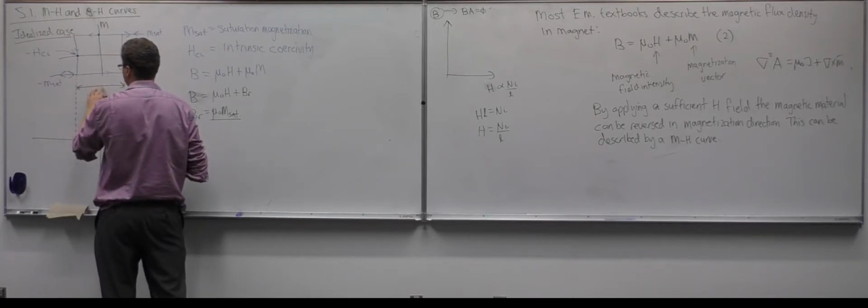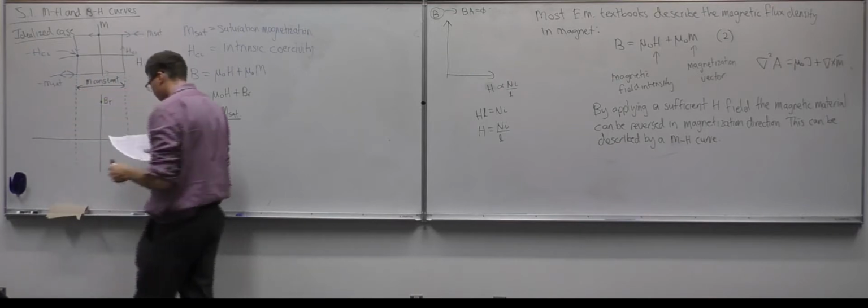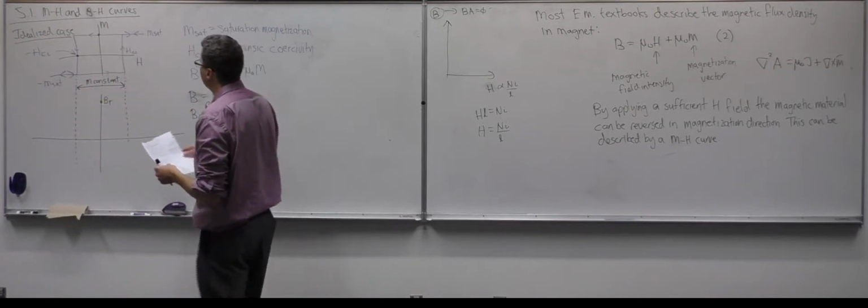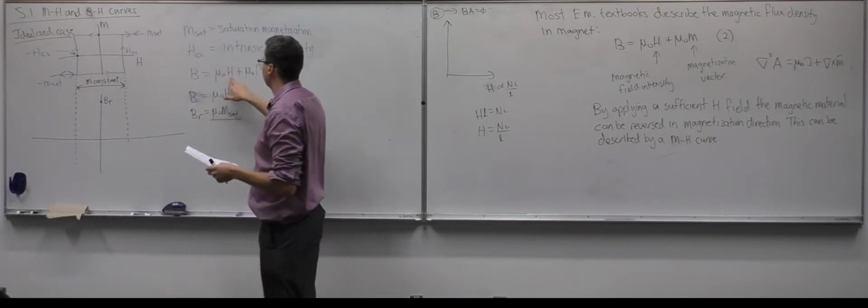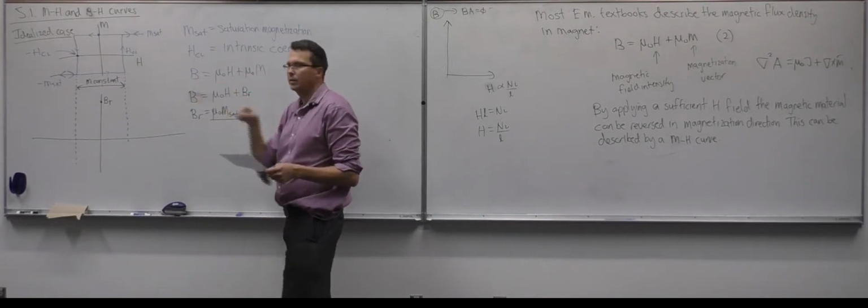Right? M is constant. Okay? So if this is constant and we're applying a negative H, then B is going to go down linearly.